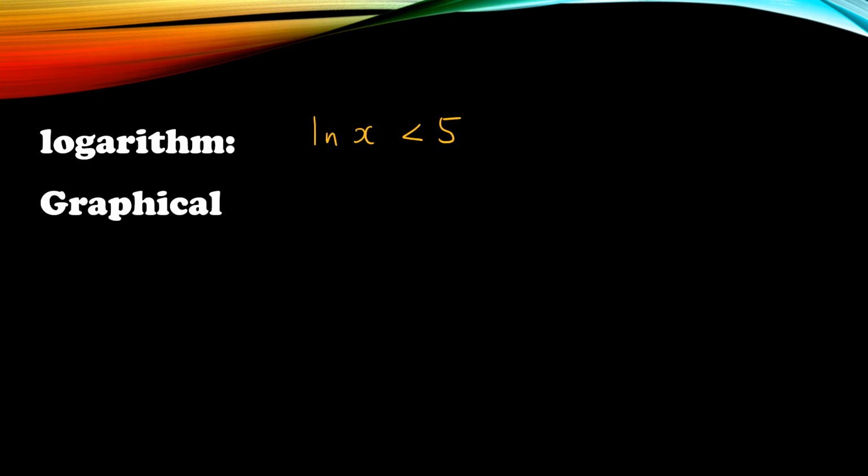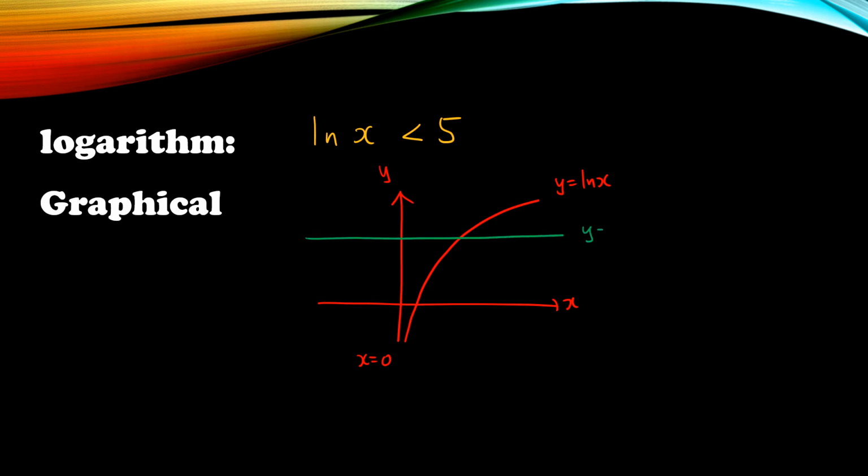Again, I'm going to propose the graphical approach. We sketch out the graph of ln x, which looks something like this. Take note that the y-axis, or x equals 0, is the vertical asymptote of the logarithm graph. Then we insert the line y equals 5.